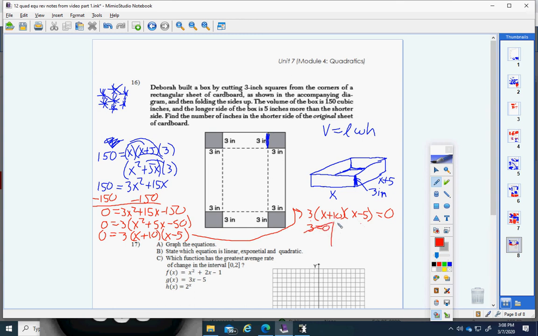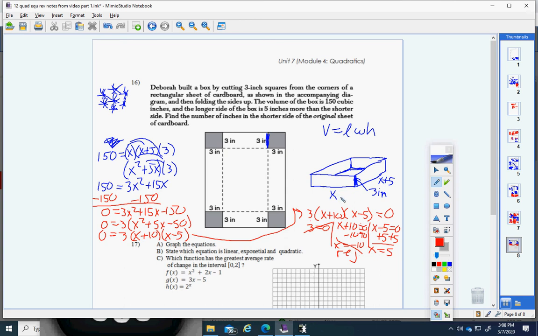No. Maybe x plus 10 equals 0, or maybe x minus 5 equals 0. When I solve this, I get x is negative 10, and when I solve this, I get x is 5. These are dimensions of a box, can't be negative, this gets rejected.